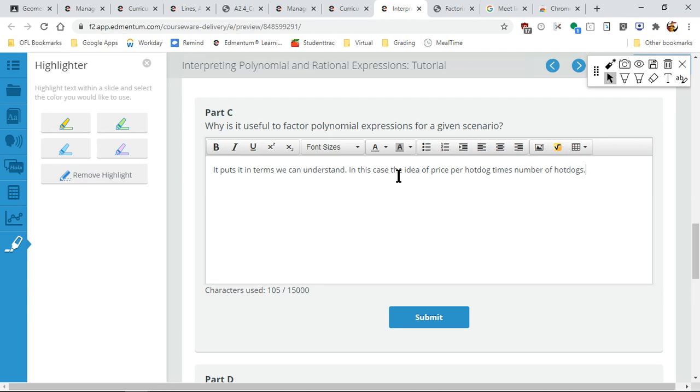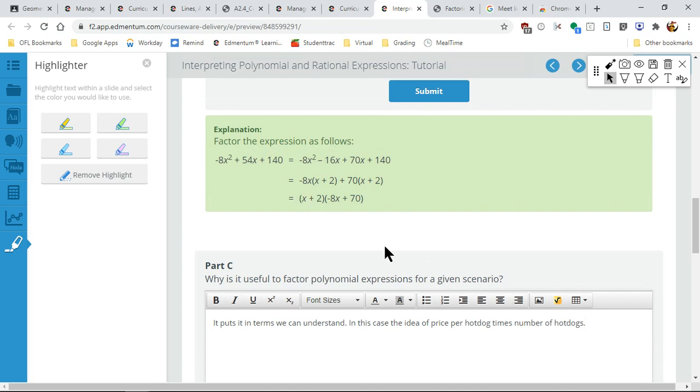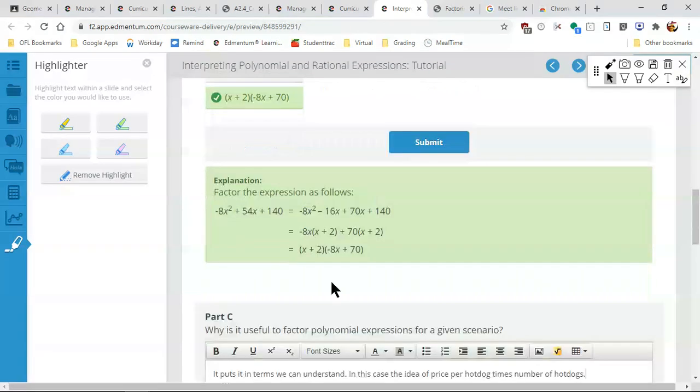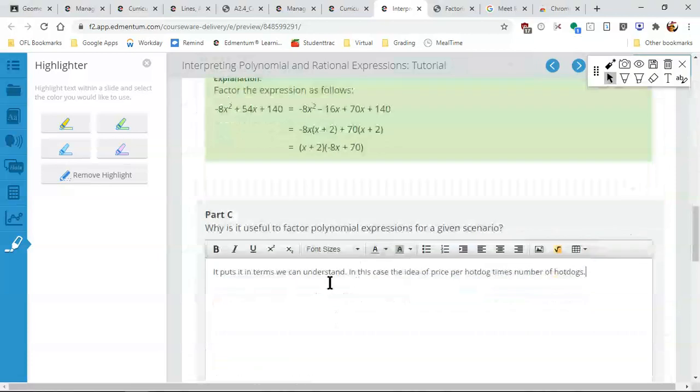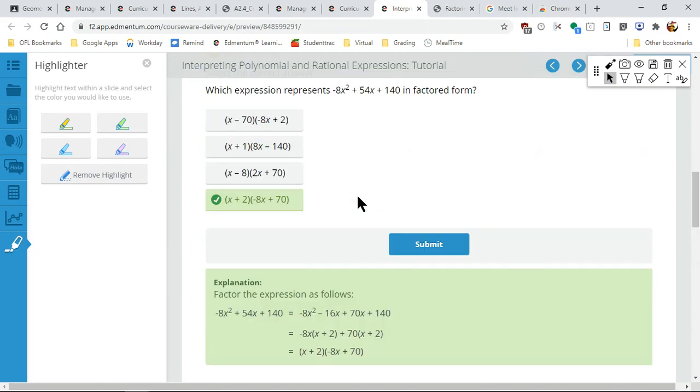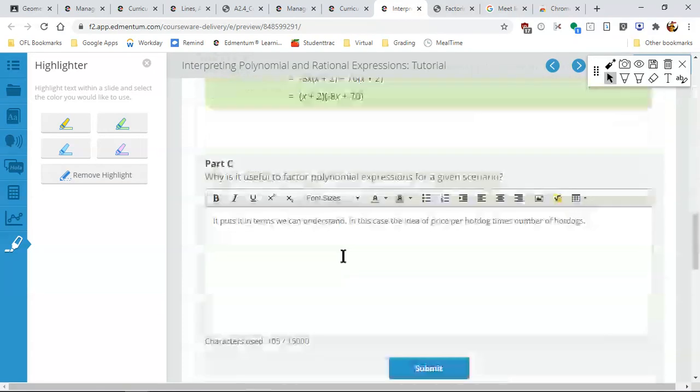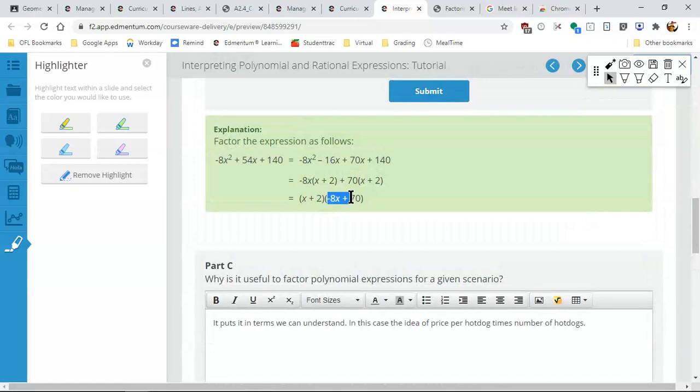So, what does all of this represent? What does this factor form represent? Well, this factor form represents that every time we increase it by $2, so the price of the hot dog plus $2, what's happening here? Well, this is happening to how many hot dogs we're selling.